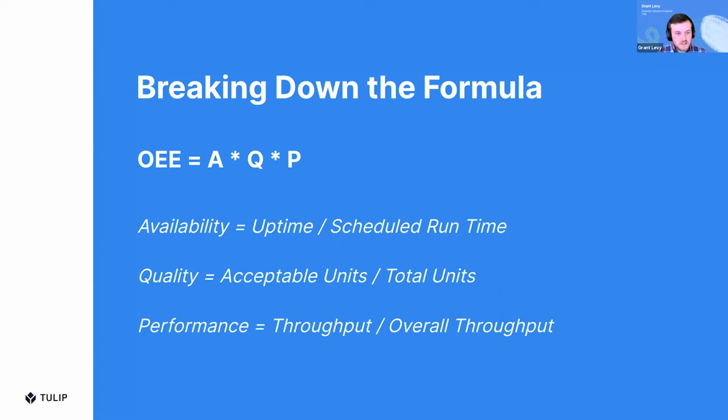We can compare the units that we've actually made versus the units that we should have made in that same duration of time. So those are the three components of our calculation, and once again, if you multiply them together, that would be your expanded OEE definition. We're going to cover how you can collect this data in Tulip through a variety of different ways a little bit later in the process.